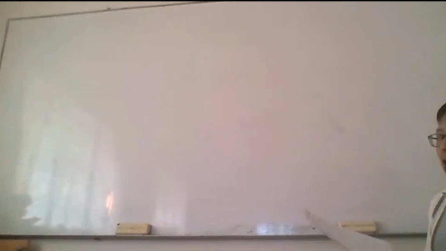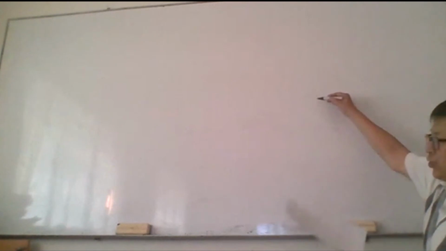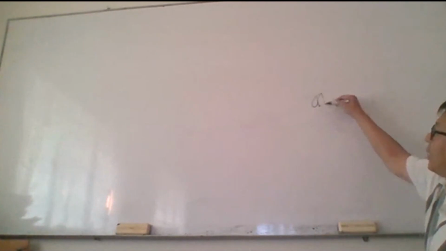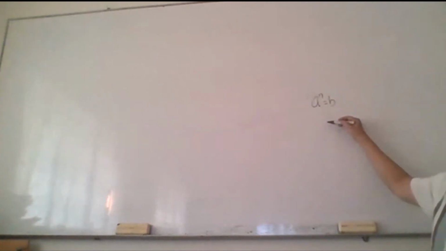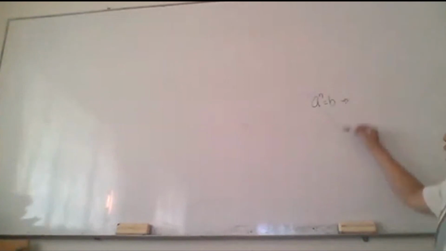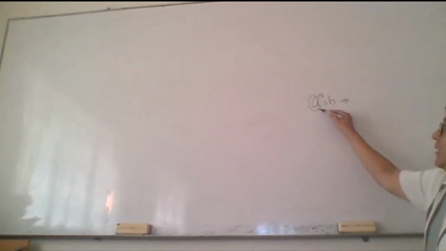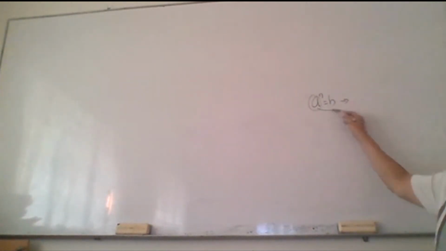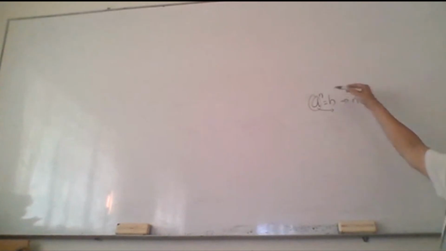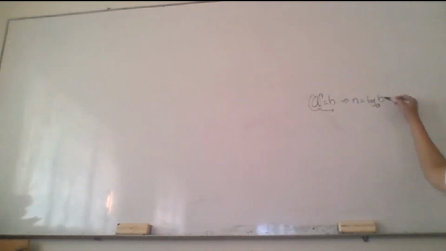Okay, first of all, we try to understand about indices. If a question gives you a^n equal to b, this is called index form. So we can change index form to logarithm form. How? We just move the base. So the index base can move from left to right, and n, the power, will remain. So it becomes log_a b.